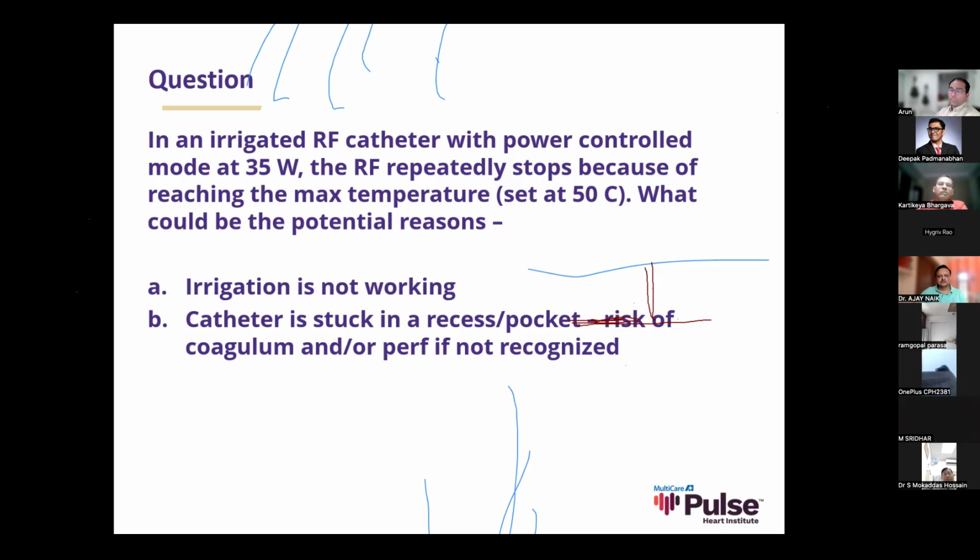When you are stuck in a recess, you're not irrigating properly because your catheter is so tightly in contact with the tissue that you are not able to deliver any kind of irrigation onto the surface because the irrigation ports are blocked, and that can lead to temperature going up. This happens very commonly in pouches, like in pouches inside the CTI, or when you're ablating at the base of the papillary muscle, your catheter can get stuck, and you're not irrigating properly in that location, and then your temperature keeps cutting off.